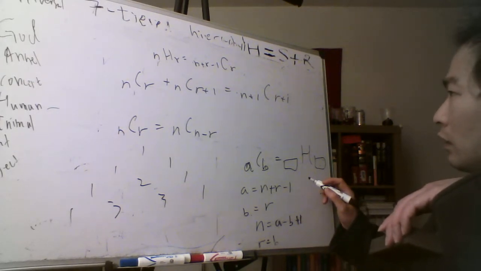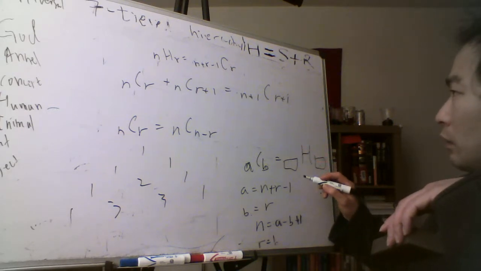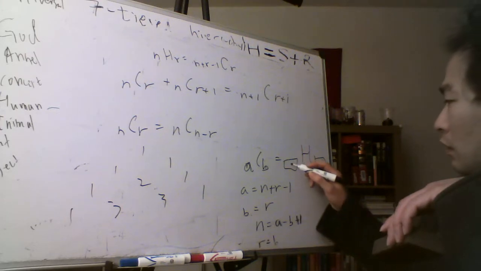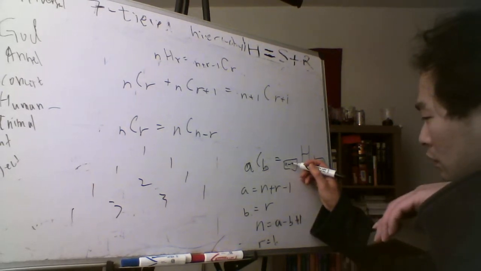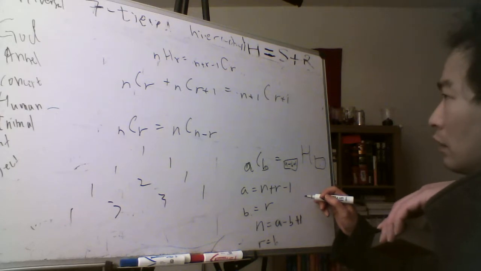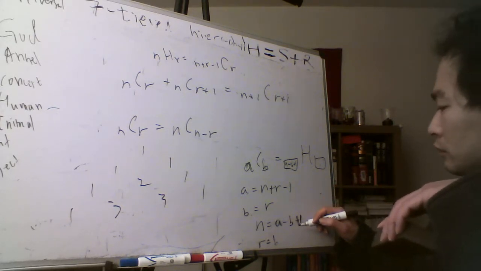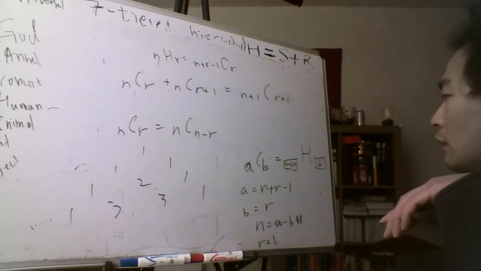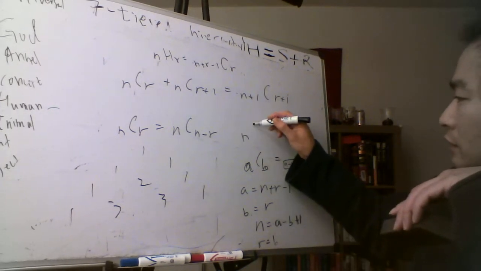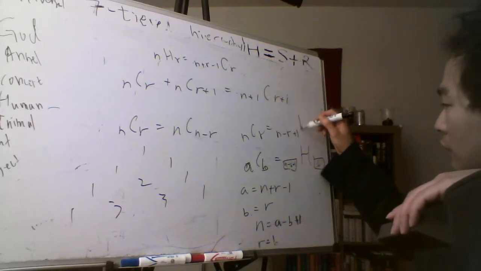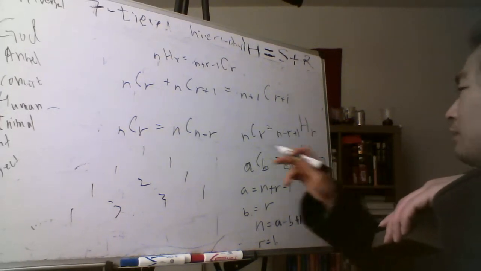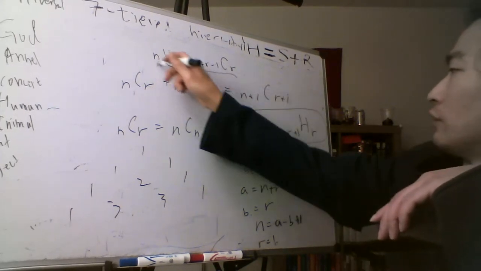So, basically NCR is equal to N minus R plus 1 H R. Basically something like that, okay? Okay, that's the reverse formula.